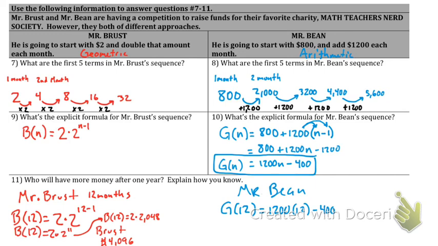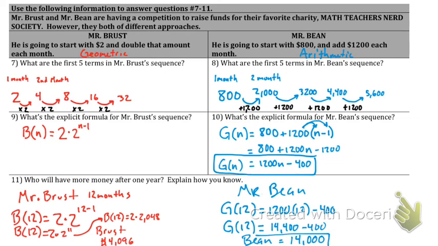All right, so let's do this math really quick. 1200 times 12. So after 1 year or 12 months, we have 14,400 minus 400. Okay, which means Mr. Bean's total amount after 1 year is going to equal $14,000.